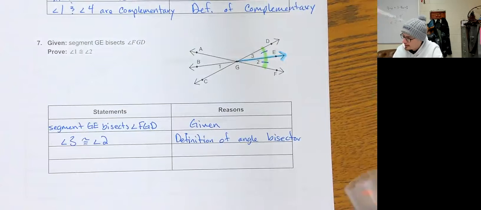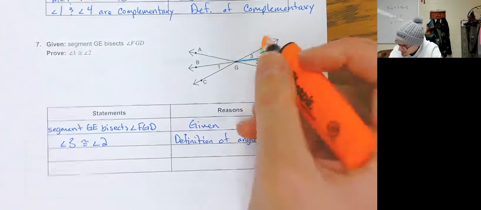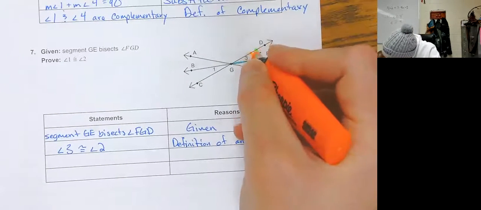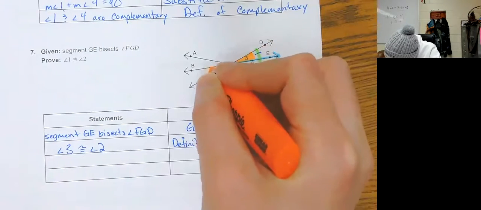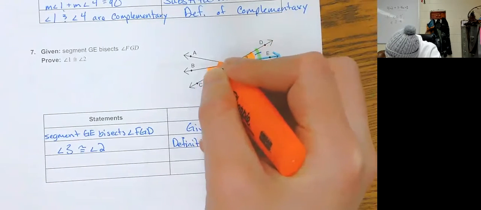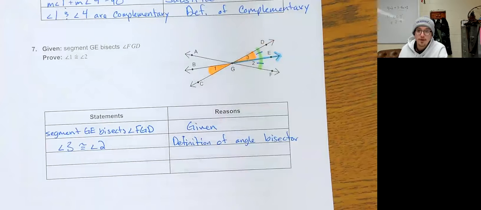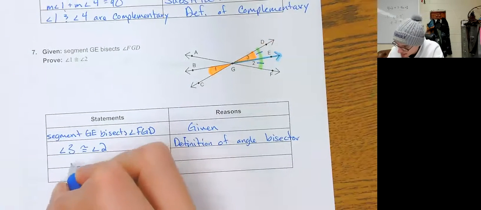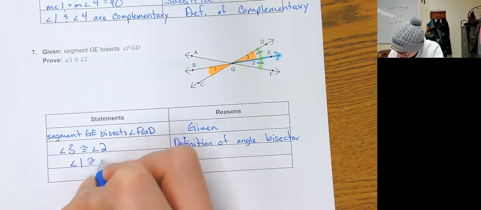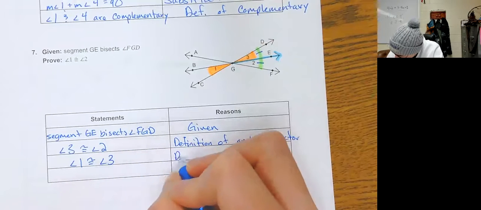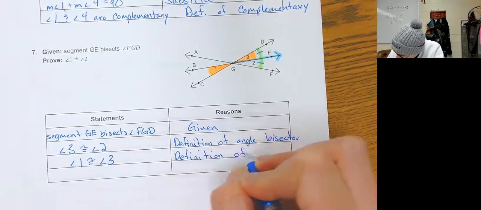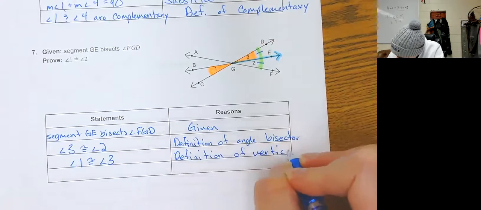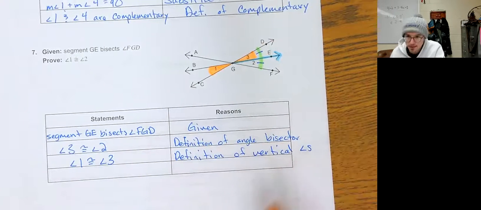We know that this angle, hopefully we know anyways that this angle and that angle are vertical angles, and the definition of vertical angles is they're congruent. So angle 1 is congruent to angle 3. Definition of vertical angles.